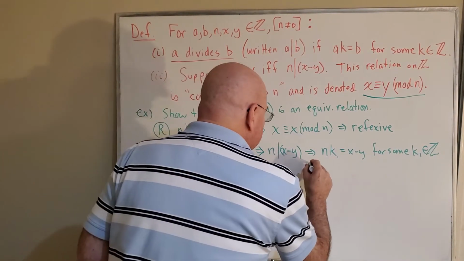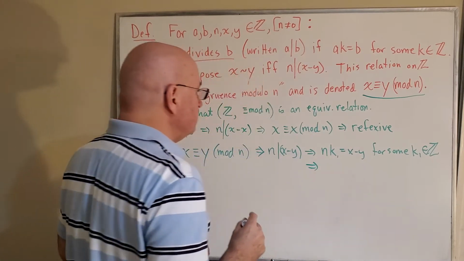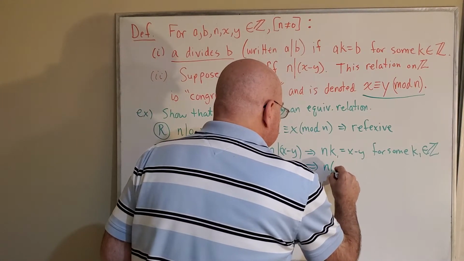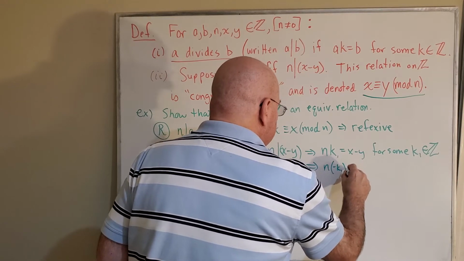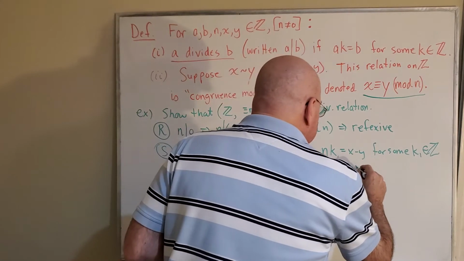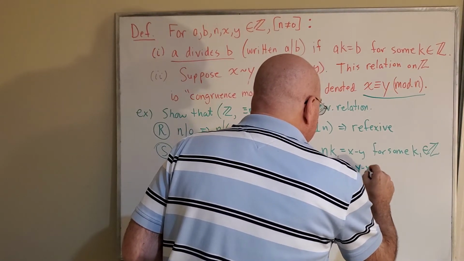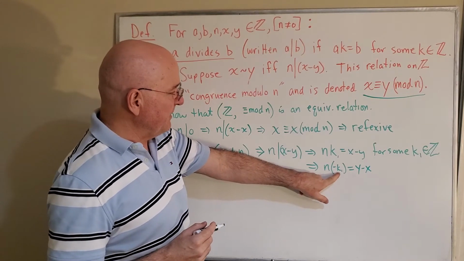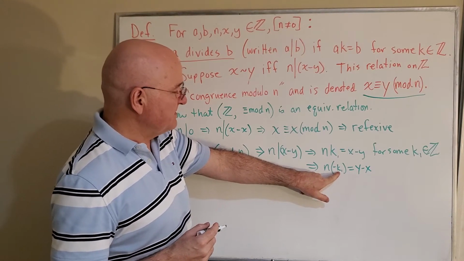Well, let's see what that means. That means that n times negative k1 would be equal to y minus x. Right? Because if you multiply both sides by negative 1, I did it here by multiplying k1 times negative 1.